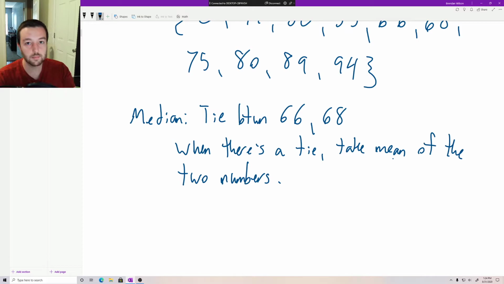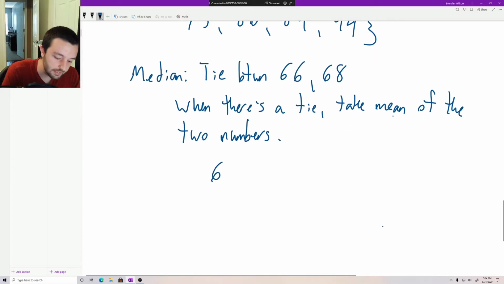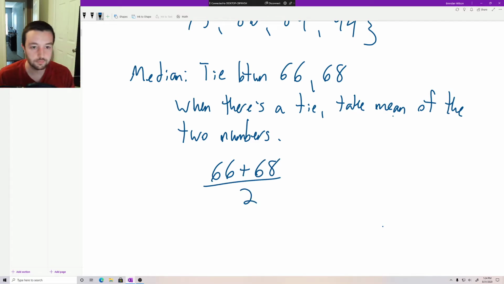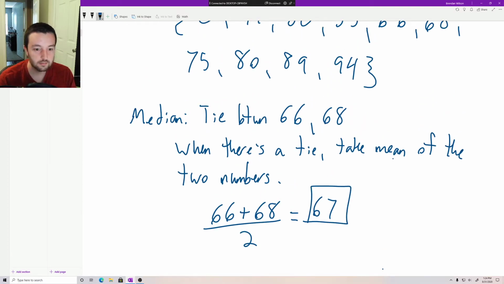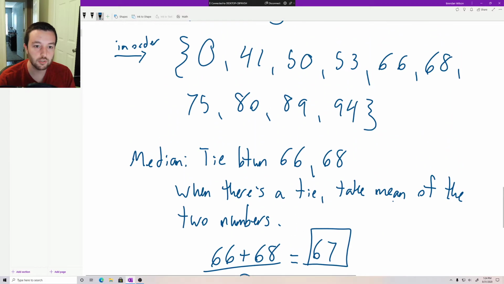This is where we add the numbers up and then divide by how many there are. Okay, so we do 66 plus 68 divided by 2 because there's 2 of them. And when we do this, we should get 67. Okay. So the 67 here is the median. Okay, so this is the exact middle number. So notice it's not actually one of our numbers. So the median doesn't have to be exactly one of our numbers. Okay.